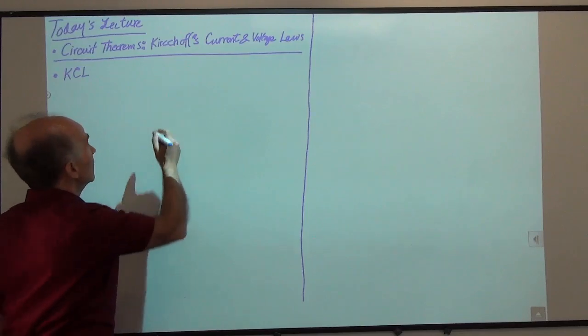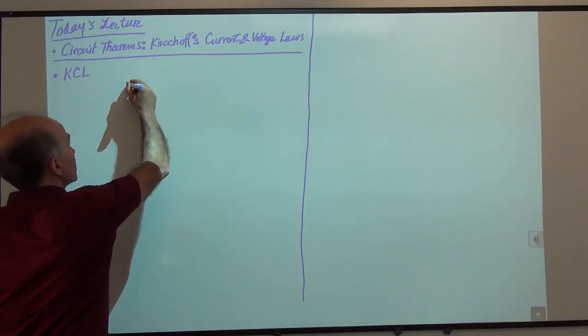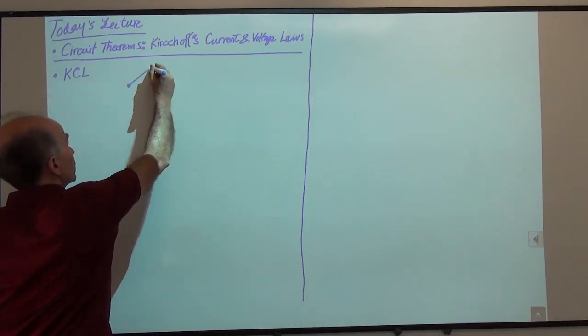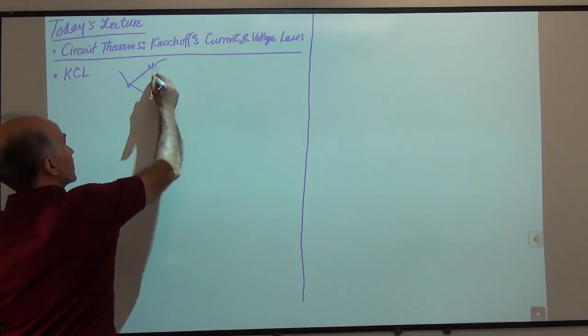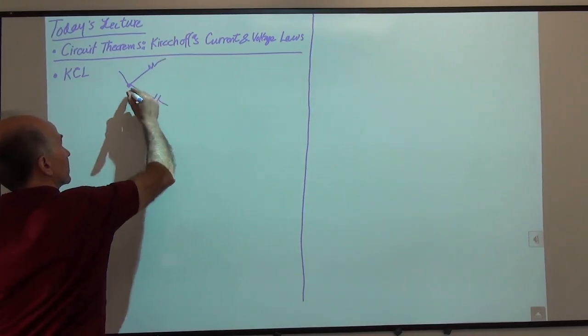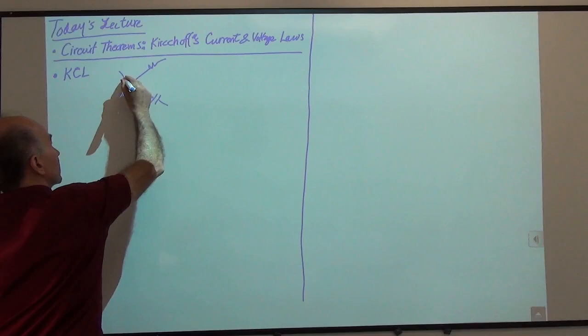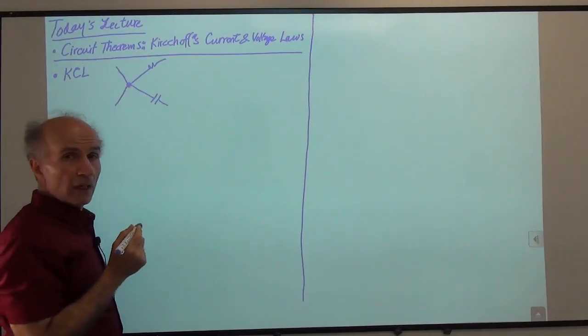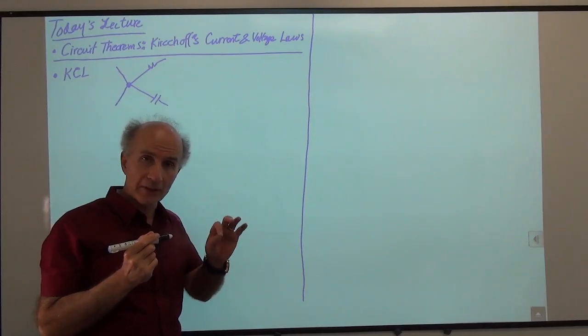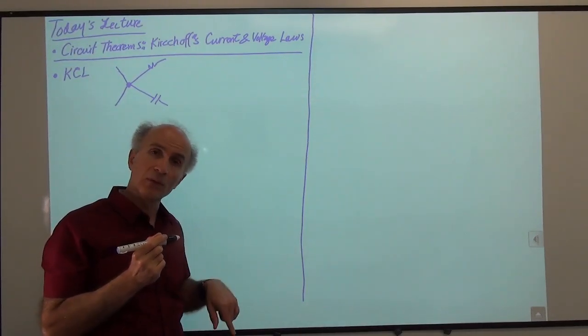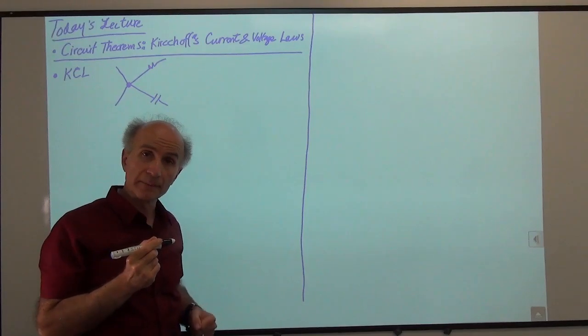It says that if we have a node in the circuit at which a bunch of branches converge, so we could have, for example, resistors here or capacitors and whatnot, and these all branch at this node. Kirchhoff says that if we add up all of the currents that are entering this node, the result should be 0.